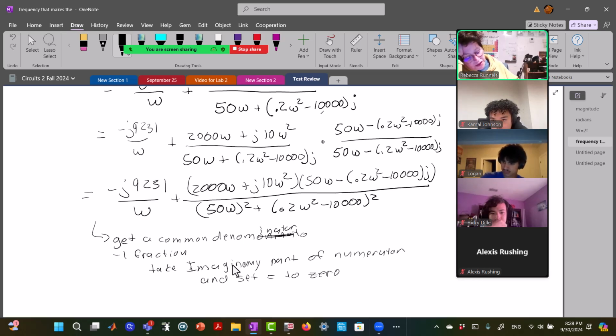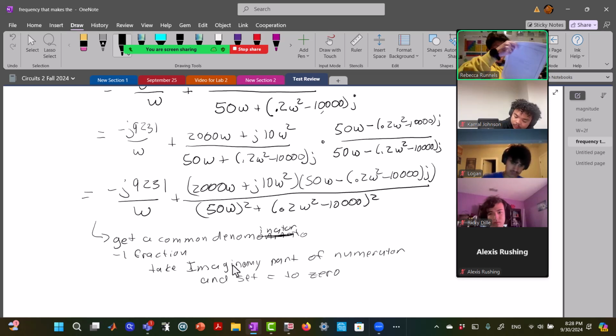You just take the imaginary part of the numerator and set it equal to 0. So you look at the parts that would be imaginary, you take them out and you set them equal to 0, and you find out what the omega would be. But he's not going to give you one that is this hard. Okay, but I did want to illustrate the concept.